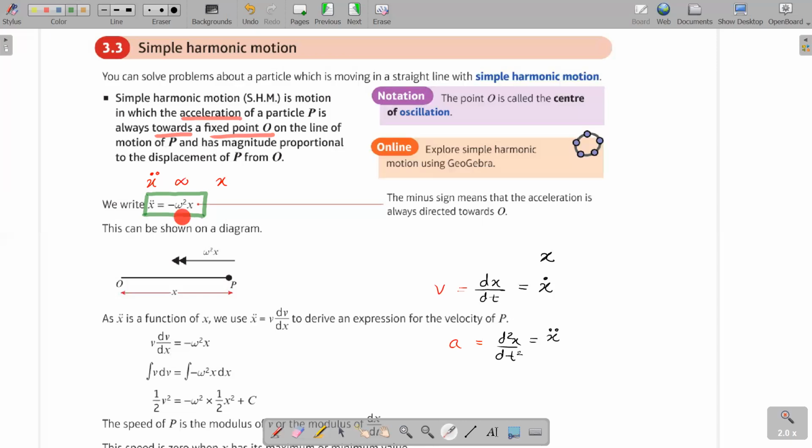If there's any function that looks like this, then that particular object is moving in SHM. So this is the first main equation that you need to know in SHM.